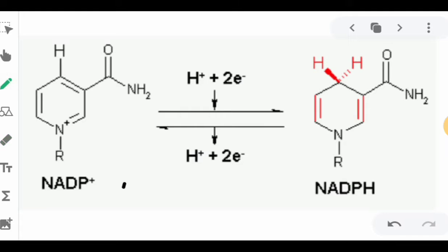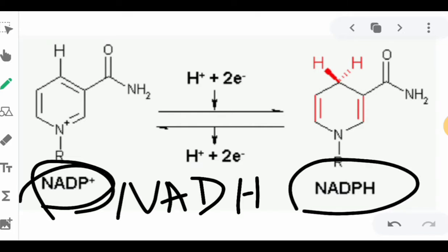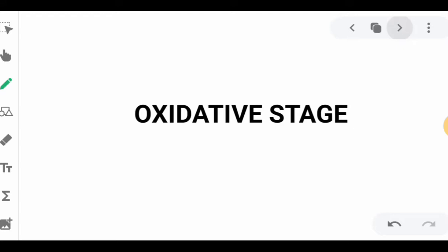As I have mentioned, instead of NAD and NADH, one of the goals of this pathway is to convert the oxidized form of nicotinamide adenine dinucleotide phosphate into its reduced form, which is nicotinamide adenine dinucleotide phosphate hydrogen. Okay. And then this pentose phosphate pathway has two stages.